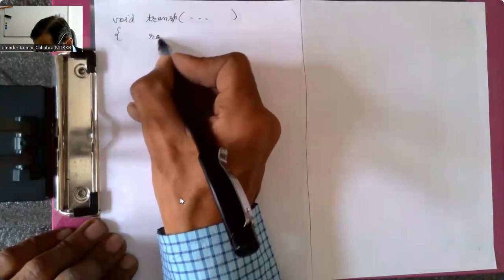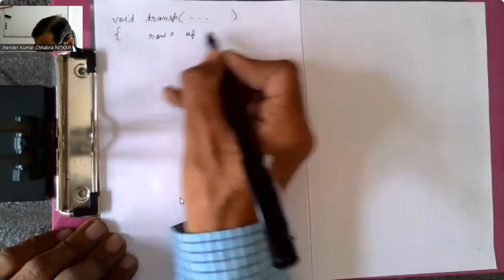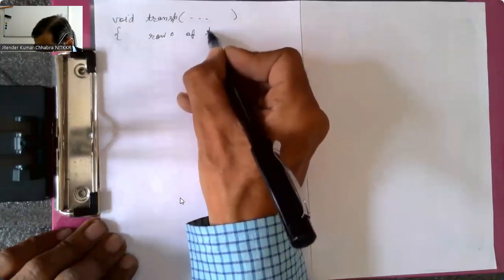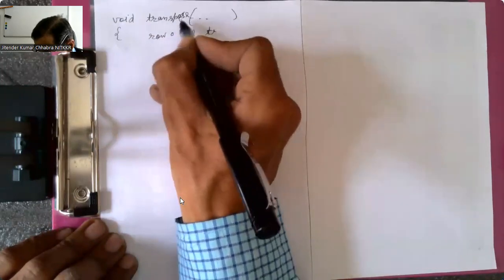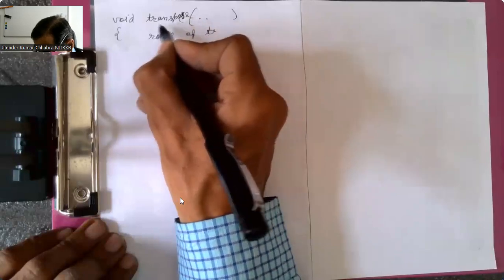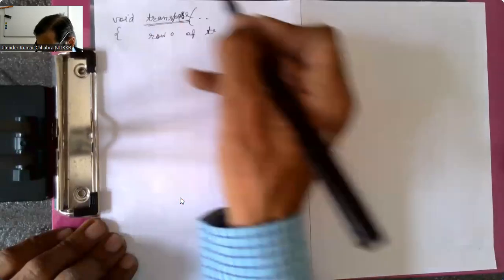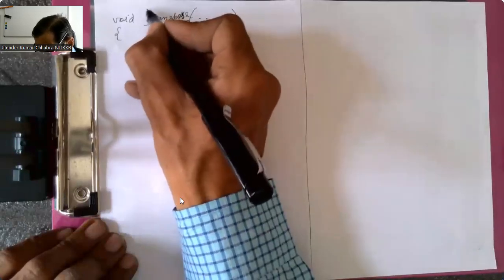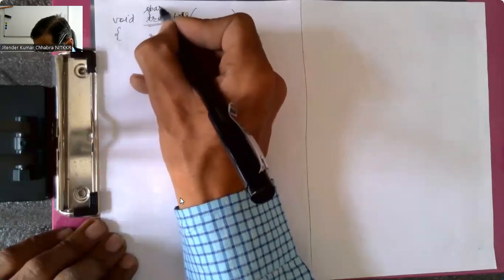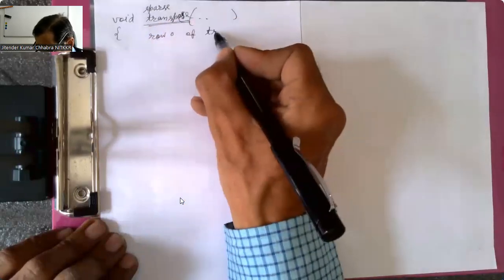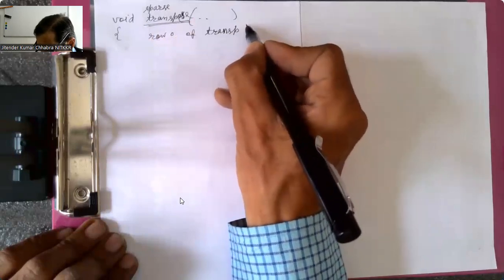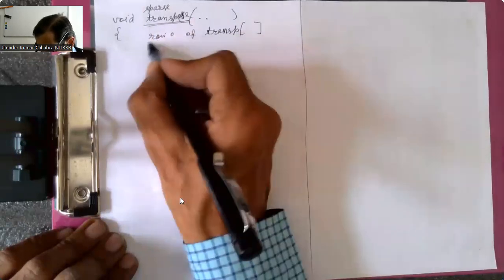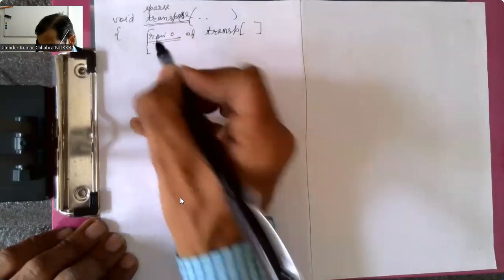So the name of the function and the name of the variable should not match. So I will say let it be sparse transpose. Transpose matrix row 0 to be generated with all entries.